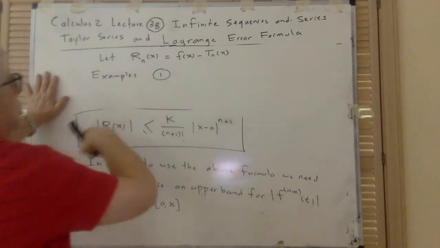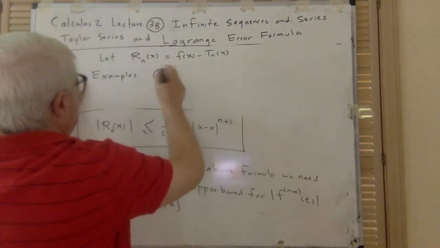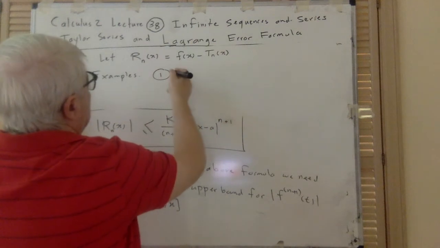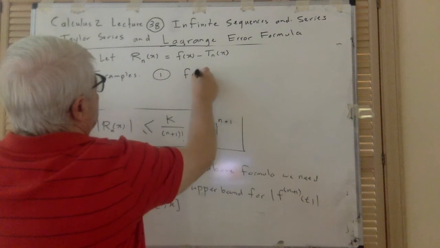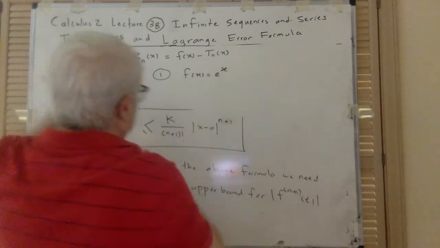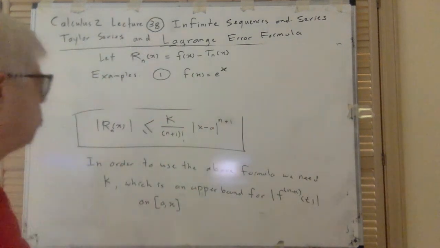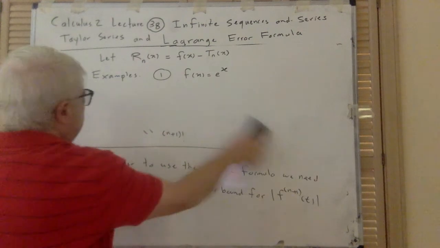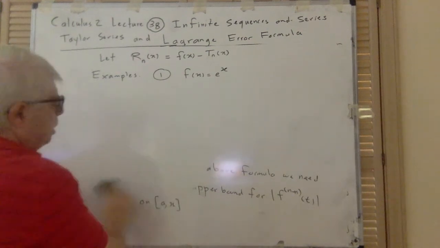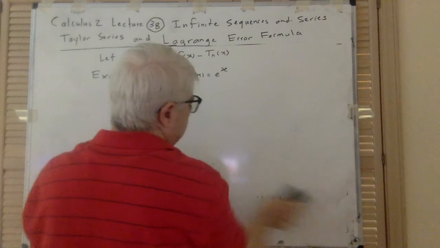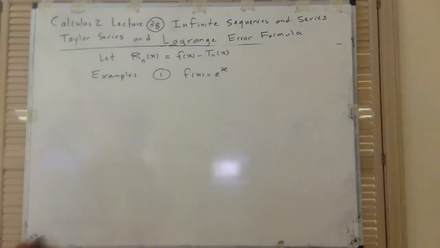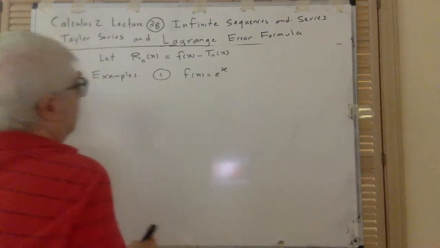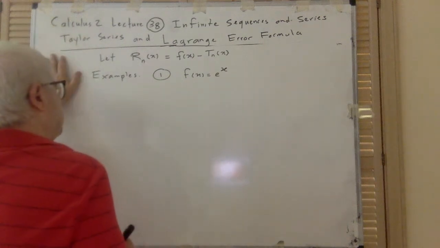Examples. One. Well, let's go with the most common, the mother of all functions, as I call it, e to the power x. Let's say we approximate e to the power x.